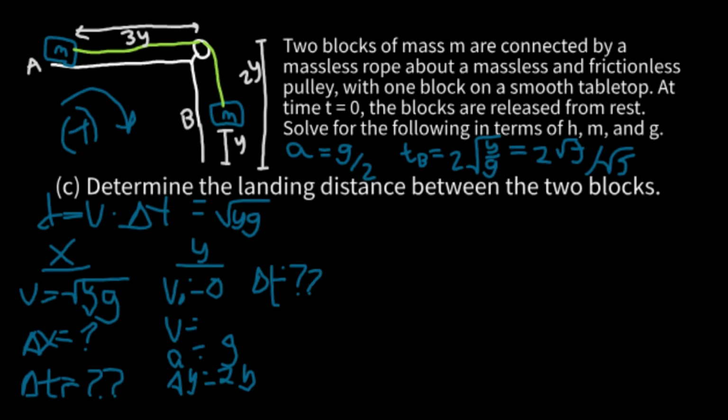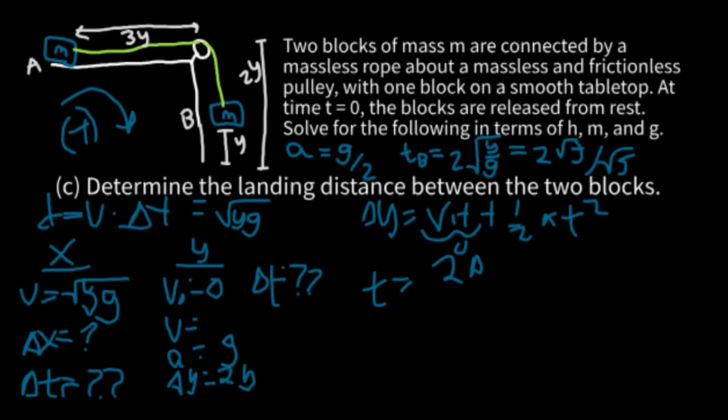We need an equation with no final velocity, so that would be delta y equals initial velocity times time plus 1/2 at squared. This here is 0, so then we can say that t equals the square root of 2 delta y over a, that's going to be the square root of 2y over g.